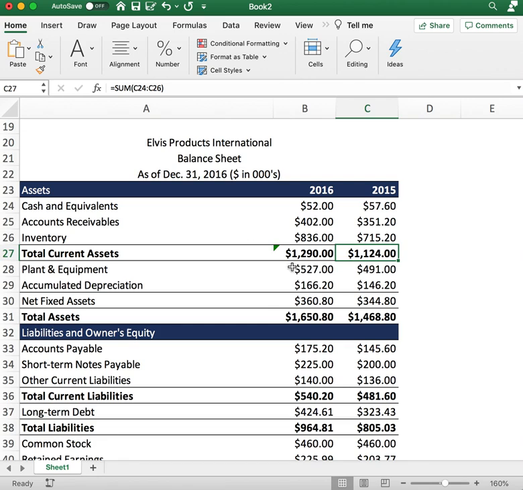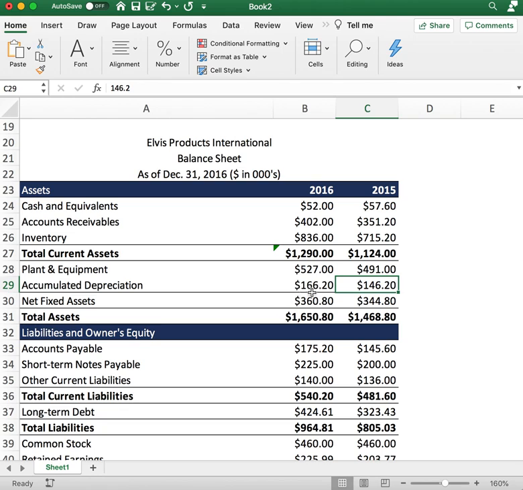All right, next up we have fixed assets: plant and equipment of $527, and $491 for the previous year. Here is where you account for any accumulated depreciation. So $166 of accumulated depreciation, and $146 for the previous year.